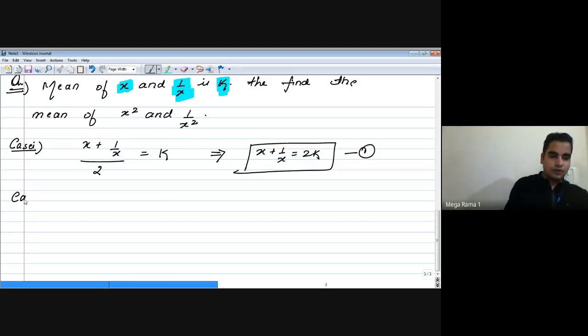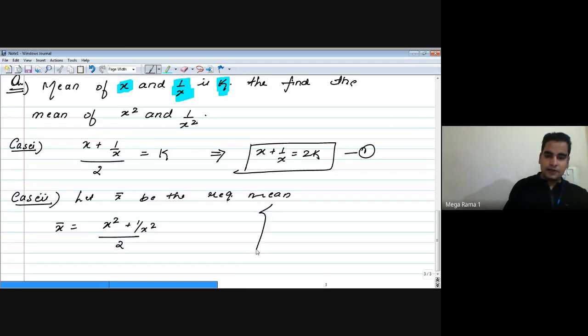Now in case 2, we need to calculate the mean of x square plus 1 upon x square. Let x bar be the required mean. Then x bar is equal to x square plus 1 upon x square divided by 2, right? Now see, what is the formula of a plus b whole square?